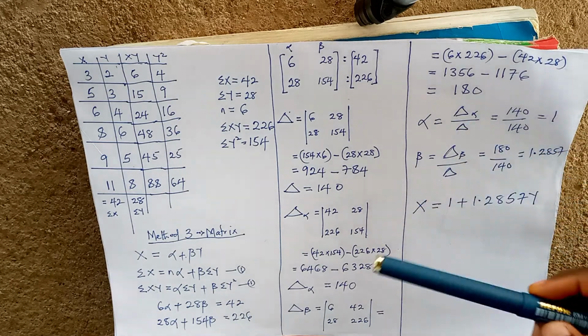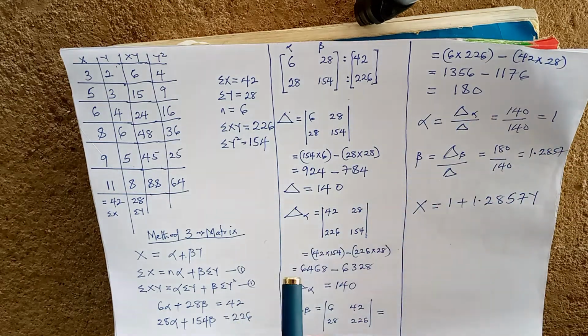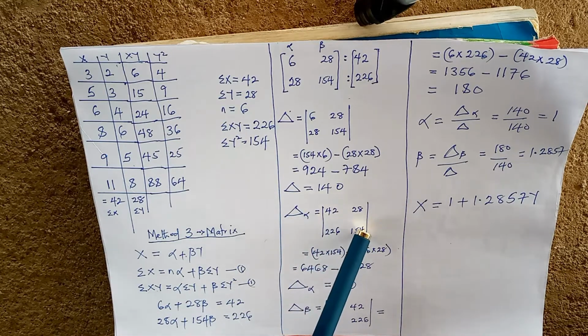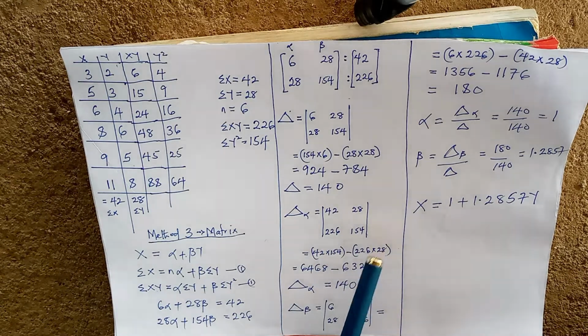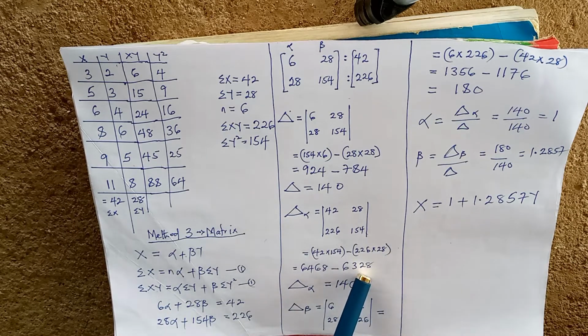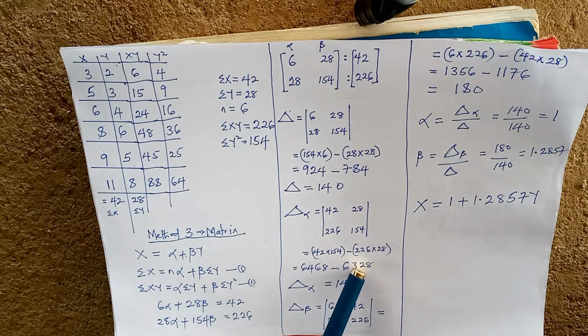The determinant gives us 42 times 154, which is 6468, minus 226 multiplied by 28. If you subtract, we get 140.